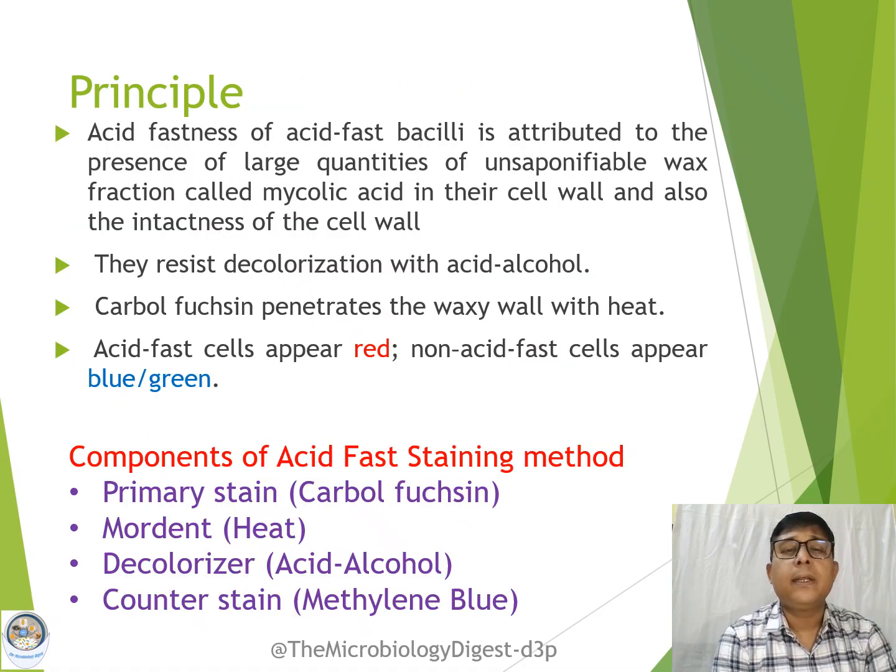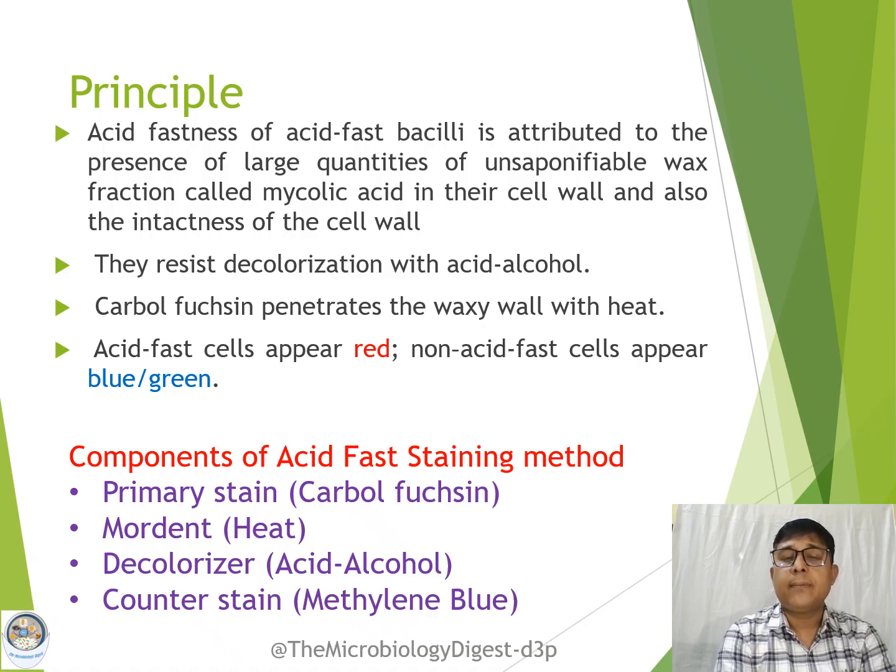The principle of this technique is that some organisms are called acid fast, for example Mycobacterium tuberculosis. They have a large quantity of waxy material in the cell wall, called mycolic acid. These organisms are very difficult to stain, and once the stain is taken up by the organism, it is again very difficult to decolorize.